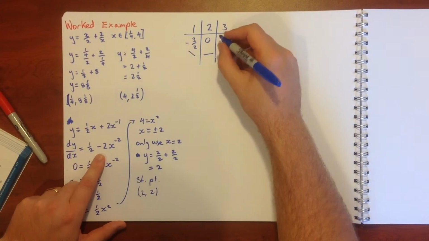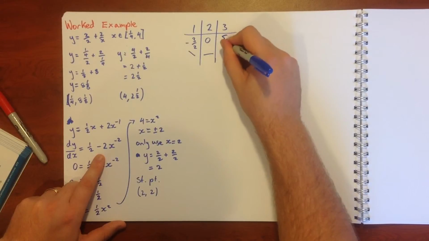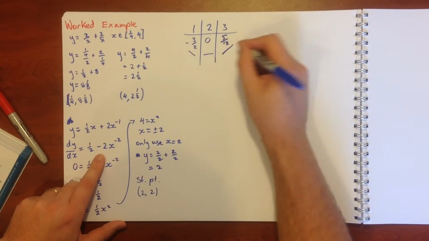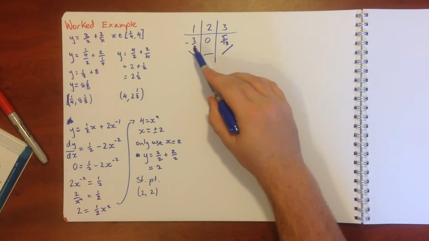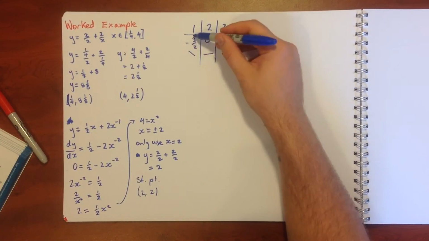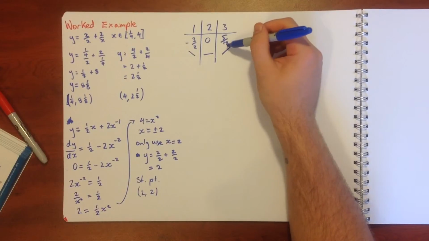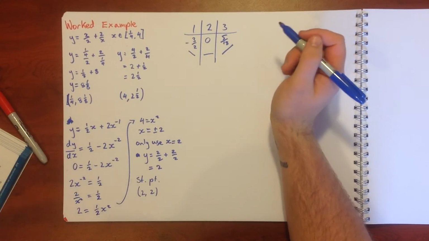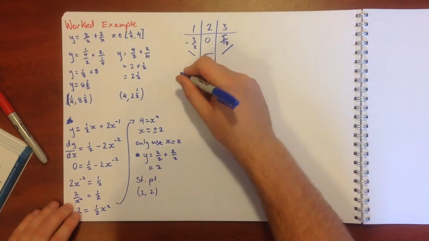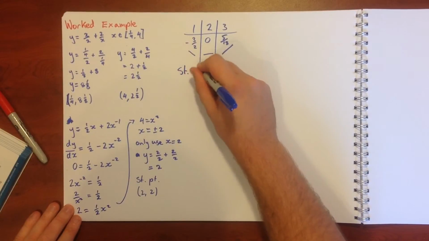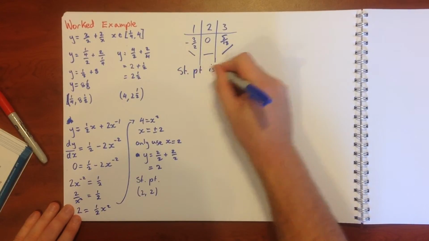When we sub 3 in, we get 5 on 18, which we know is positive. Sometimes you don't actually need to work out the values. Remember, you only need the sign of them. Sometimes your number might be a bit horrible, but you know it's going to be positive, so that's all you need. So I know now that our stationary point is a minimum.